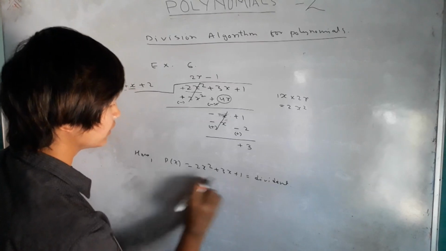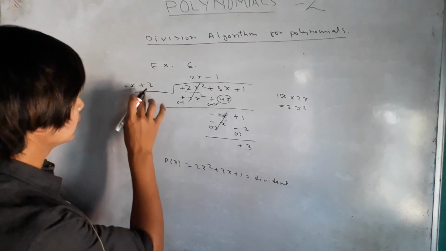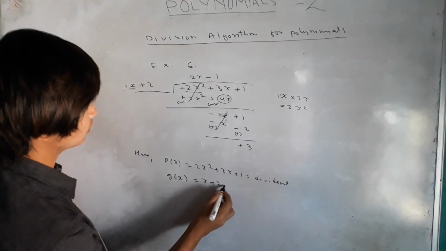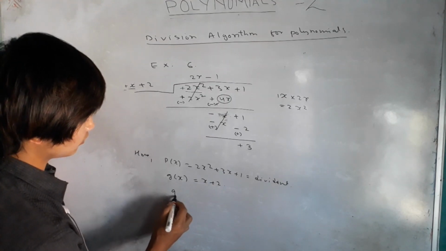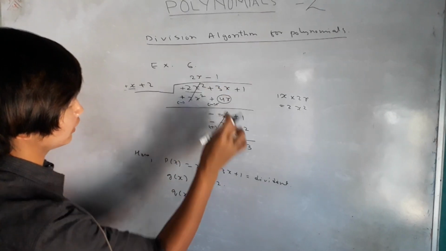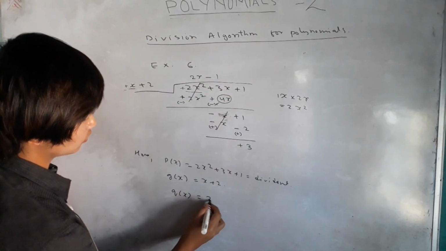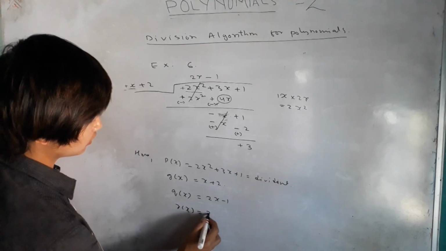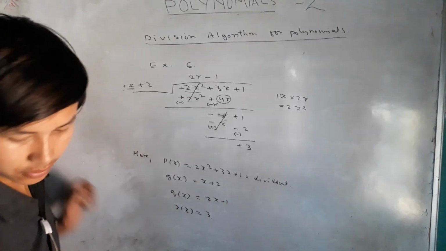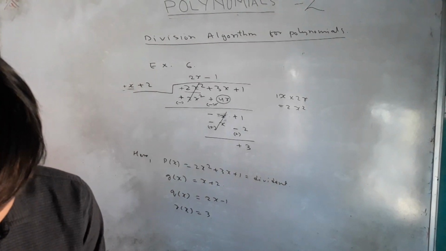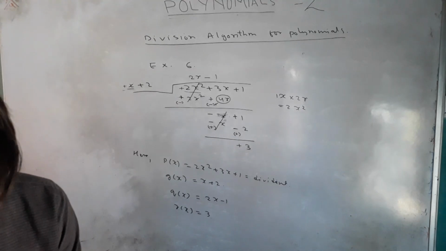This is the dividend which I have to divide by gx, which means x plus 2, and qx was my new number, 2x minus 1. And what is rx? Rx is 3, not 0. Okay, this is example 6. So we'll move to example 7.